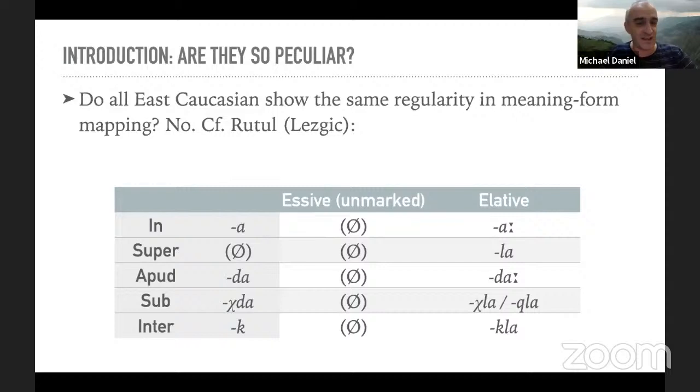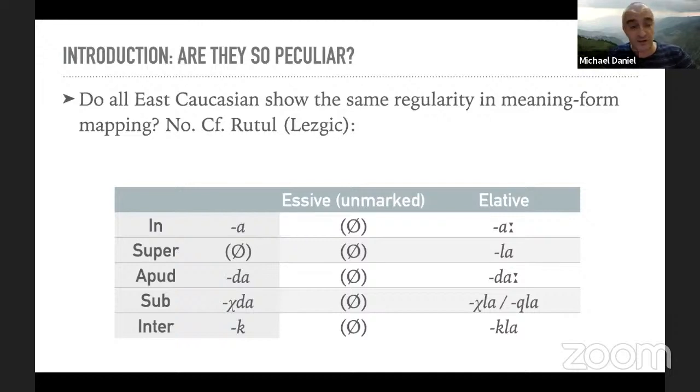You might tentatively suggest that the suffix which is responsible for the elative is la, because you see that in 3 lines out of 5. And it works for the last line, inter, and for the second line, super.